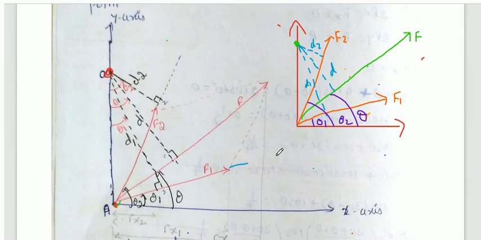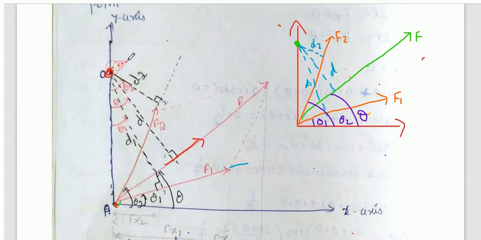This is our force, and what is the perpendicular distance to the line of action? This is the point where we need to find the moment. F into what is the perpendicular distance?